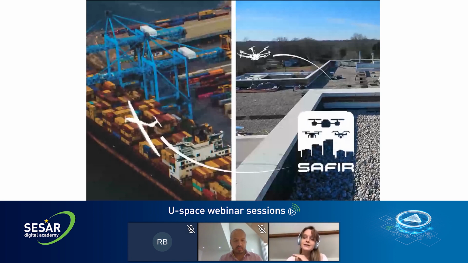In SAFIR, we demonstrated the safety and the economic viability of drone use in challenging environments. So we connected 3 use-based service providers and also the Belgian National Air Navigation Service Provider. The goal was to jointly control the airspace.